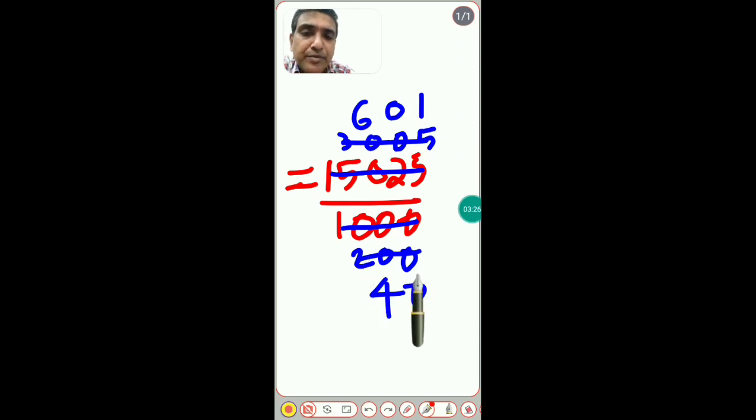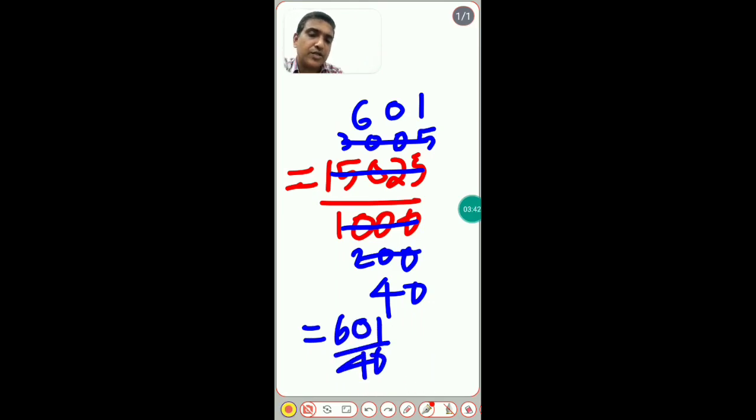Here, 1000 by 5 is 200. Again, 5 is possible. 3005 by 5 is 601, and here 40. No more common factors. So the last one, 601 by 40, is the fractional form of that number. Okay. Clear?